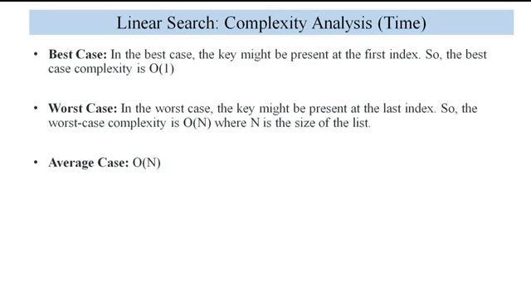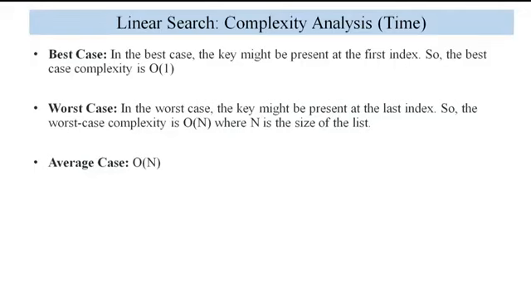For example, if we have a list of 100 elements in the array and the element to be searched is at the 100th location as the last element, because we start searching from the first location, we will repeat the process 100 times to reach the last location. So its time complexity will be order of 100, where 100 is the number of elements in the list.